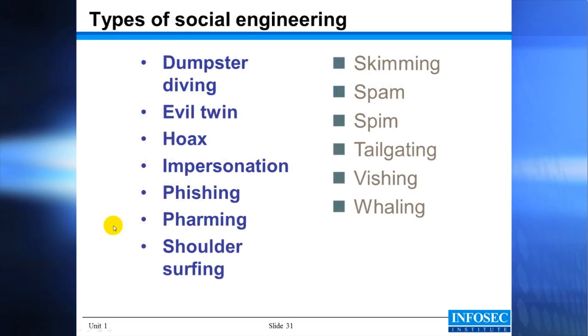There are different ways that social engineering can be executed. The first method, as you see, is what it sounds like, dumpster diving. In this case, the attacker is literally going through the trash, looking for account information, password information, could be banking information.